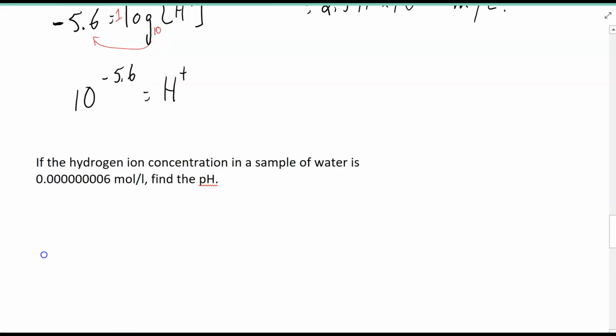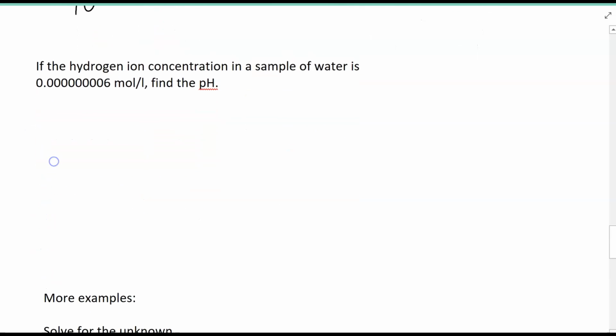All right, going in the other direction. If the hydrogen ion concentration of a sample of water is 0.000000006 moles per liter, find the pH. So pH is equal to negative log of the hydrogen ion concentration.